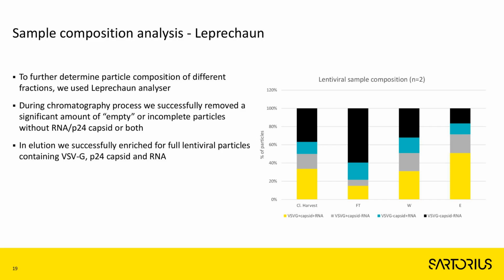And again, if we look at the composition of the elution fraction, what we can observe is that over 50% of the particles in the elution are positive for VSVG, P24 capsid, and RNA, so they are complete lentiviral particles, which indicates that during our downstream process, we can successfully enrich for the full lentiviral particles while removing the incomplete or damaged empty lentiviral particles.